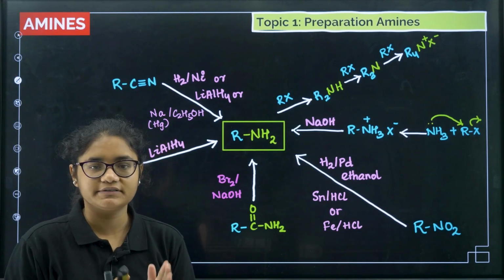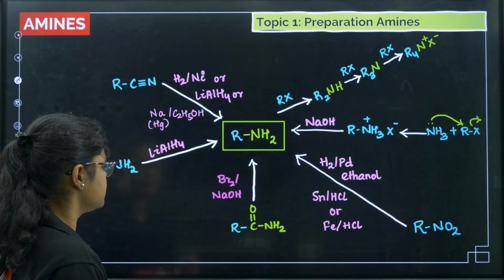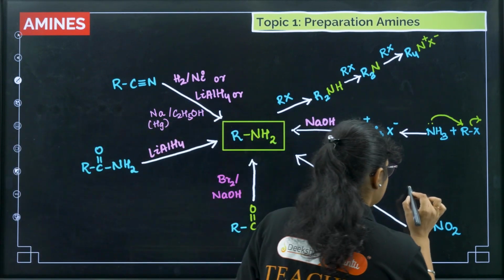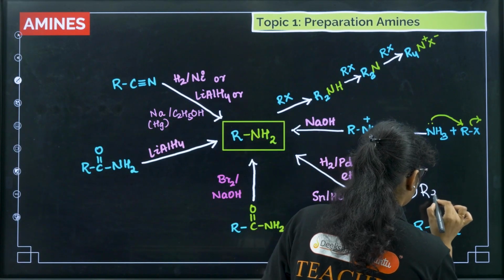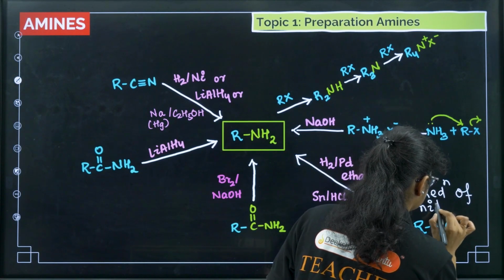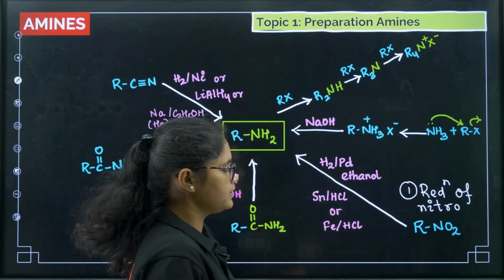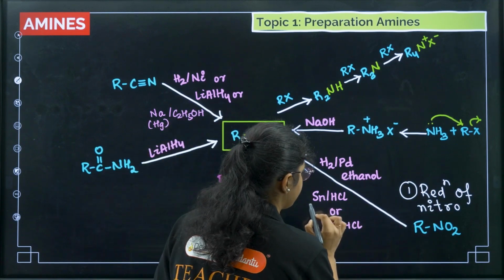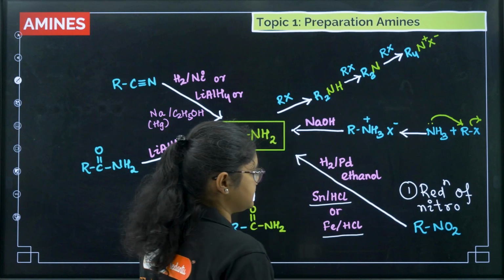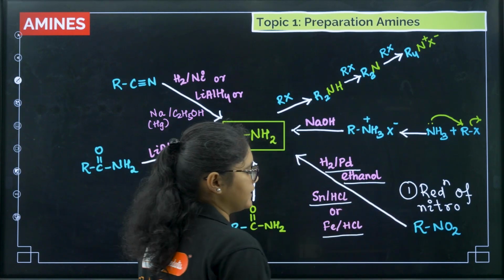Next, coming to preparation of amines. The first method, as I told you, is reduction of nitro compounds. What is the reagent used here? For RNO2, if you treat it with Sn/HCl or Fe/HCl, that is one way, or you can treat it with H2, palladium and ethanol.